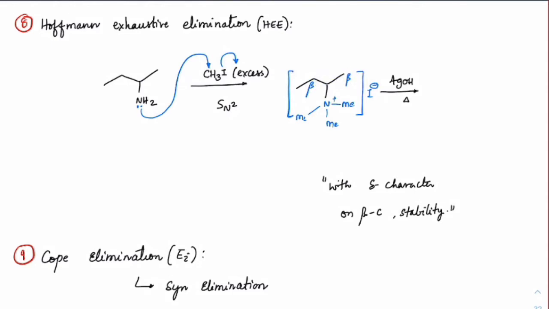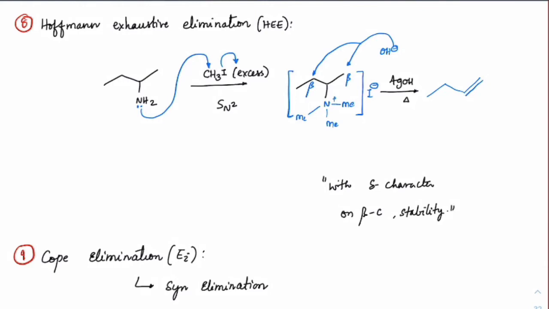OH minus can extract from here or from here. If it extracts from here, the alkene will be formed on this side, or if from here, on the other side. OH minus extracting a proton from this terminal carbon will make a double bond here. That will be the Hofmann product.